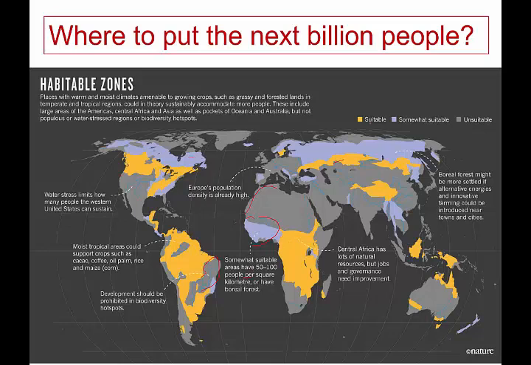And then you have areas that are considered very suitable, which is Central Africa, surprisingly enough, because they do have lots of natural resources. But again, the problem here is corrupt governments that make it difficult for people. In South America, you seem to have a lot of area. Their moist tropical areas could support crops, which would be helpful. So just a kind of interesting thing to look at.